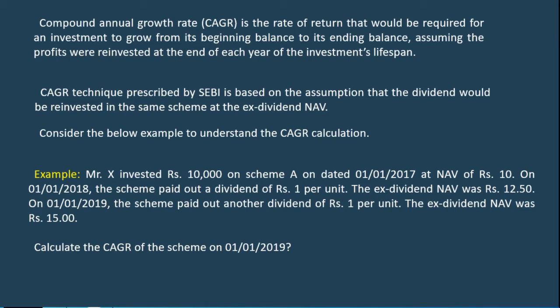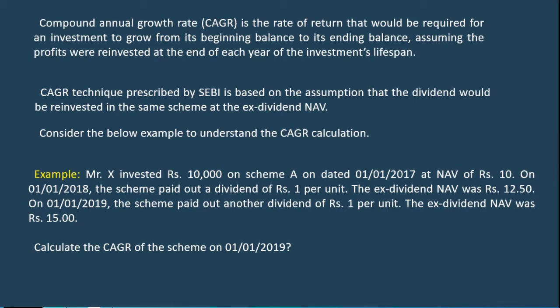Mr. X invested rupees 10,000 in scheme A on 1st January 2017 at an NAV of rupees 10. NAV means net asset value. When it is a stock, it is the stock price, but for a mutual fund scheme, it is NAV. On 1st January 2018, the scheme paid out a dividend of rupees 1 per unit.